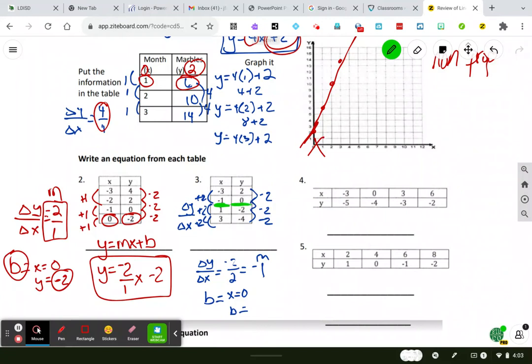So if this is decreasing by 2, well, from 0 to the next number is going to be what? It's going from 2 to 0, so it's subtracting 2. Now we're going to subtract 1 to get the 0. So our b is 0.